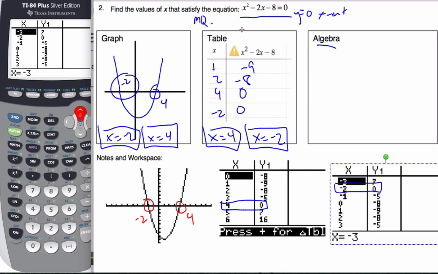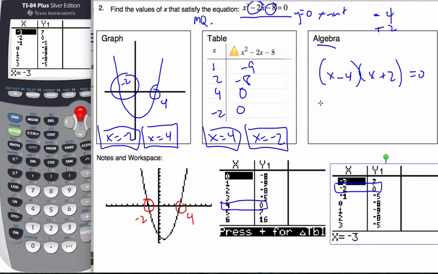And the magic question is what 2 numbers multiply to get -8 and add to get -2. Well, I know 4 and 2 multiply to get 8. If this one is negative and this one is positive, they will add to get -2. And so it's x minus 4, x plus 2 equal to 0.